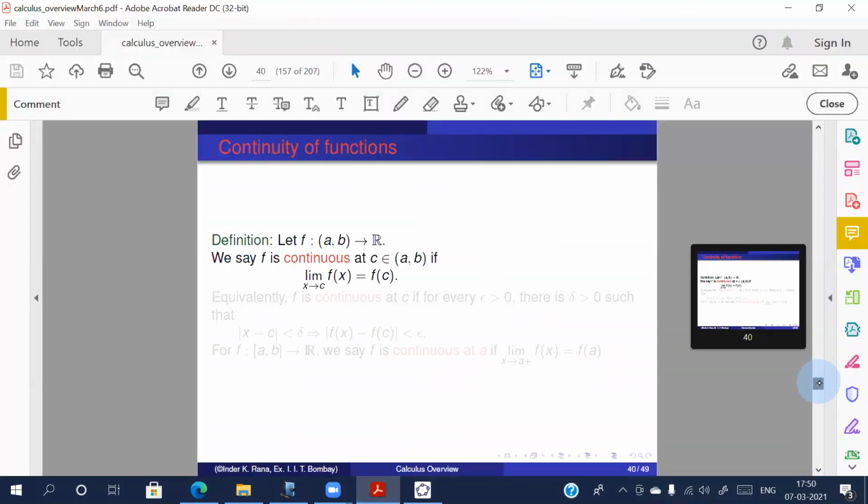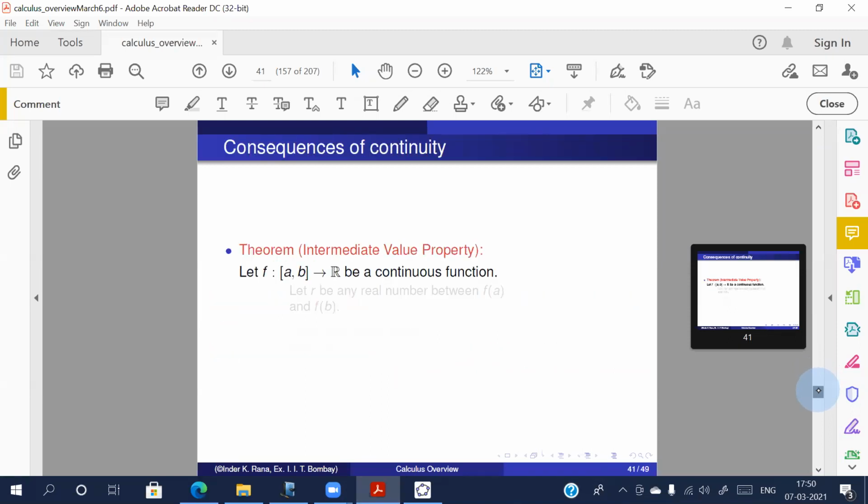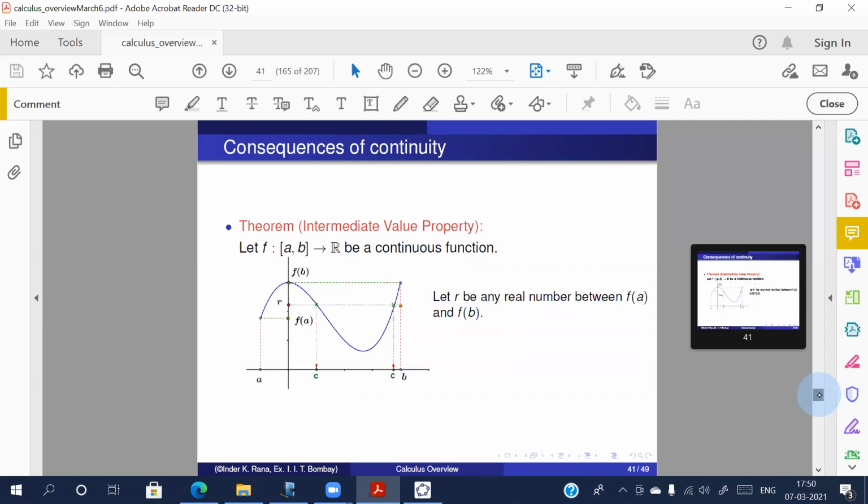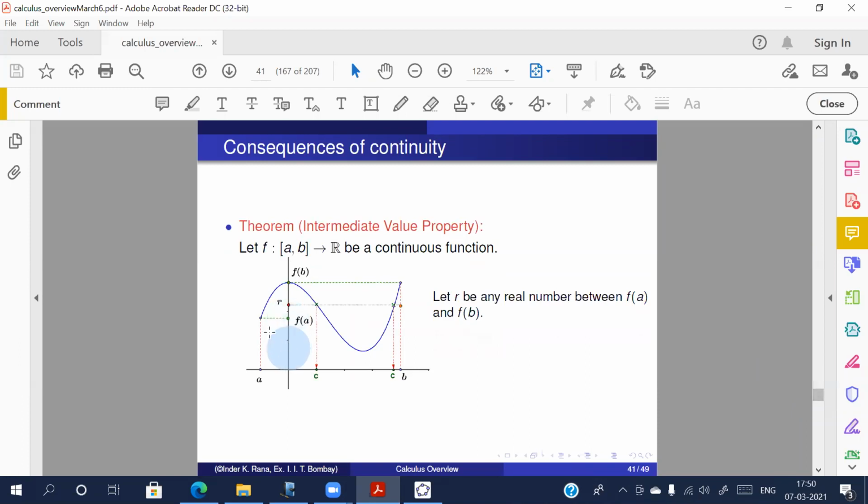So let me go over to this. Continuous functions have very important properties. One is called the intermediate value property, which says that if a function is continuous and takes two values, f(A) at the point A and f(B) at the point B, and you take any value R in between, then this value must be taken by the function if it is continuous.